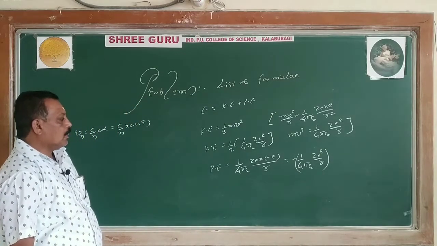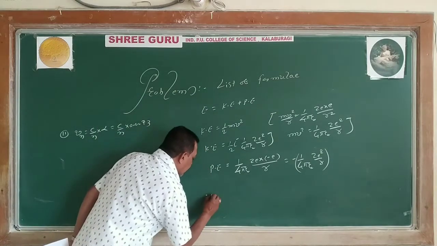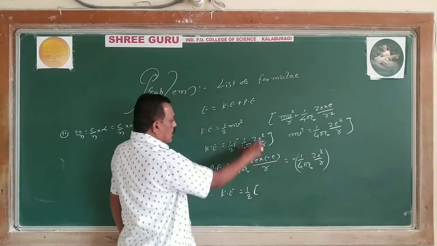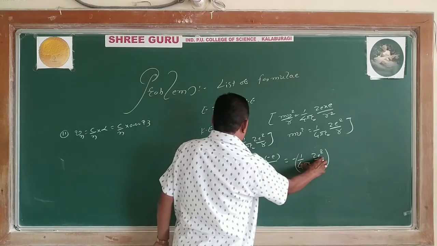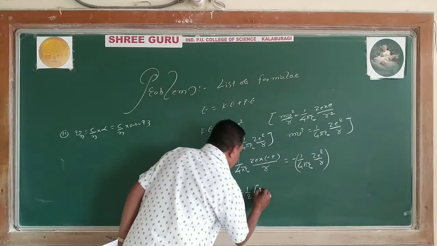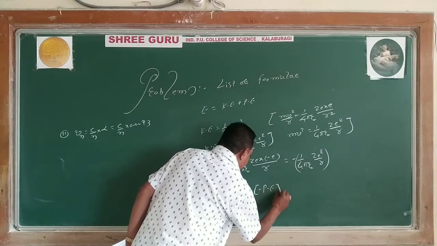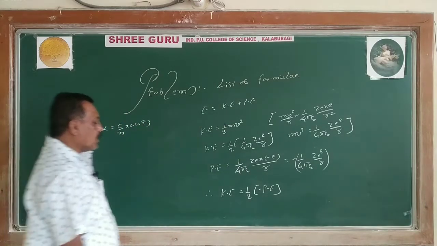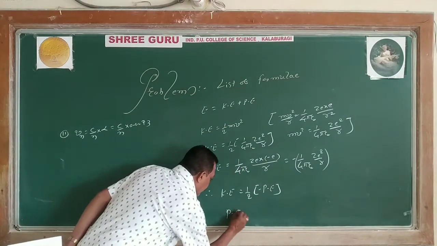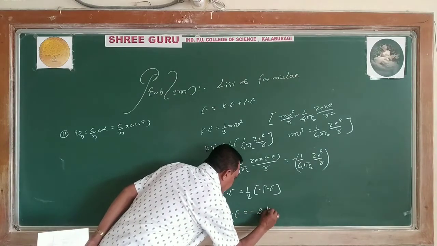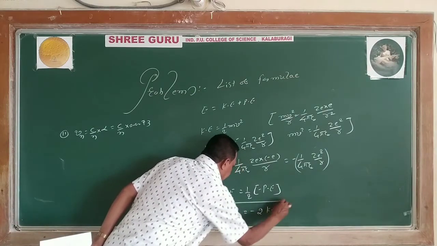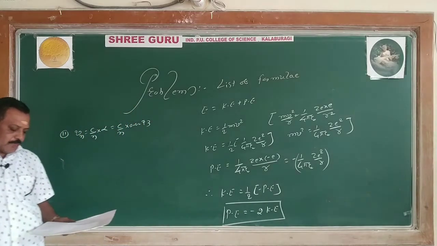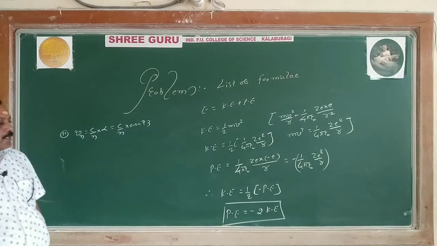Therefore, kinetic energy equals half of the minus of potential energy. Potential energy equals minus 2 times kinetic energy.